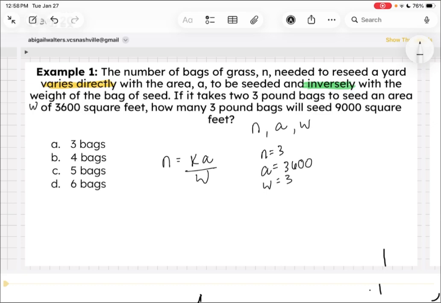Okay, sorry, got distracted. So the number of bags is 3, the area is 3,600, and the weight is 3. We are going to plug those numbers in and figure out how many 3-pound bags it would take to seed now 9,000 square feet.